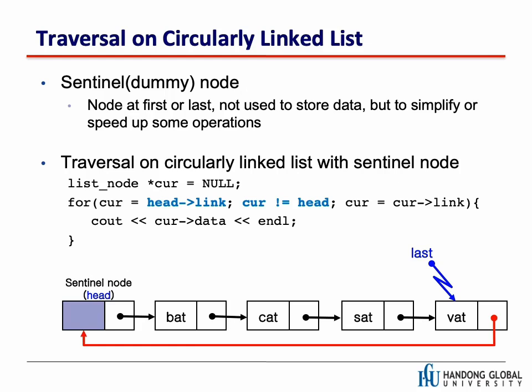Then we move, and we print out the cat, and we move to sat, we move to vet, and then when we move to the next one, car is head, right? Car is pointing to what head is pointing. So basically car is the same as head. So we stop. We print out bat, cat, sat, vet, and stop. We quit.